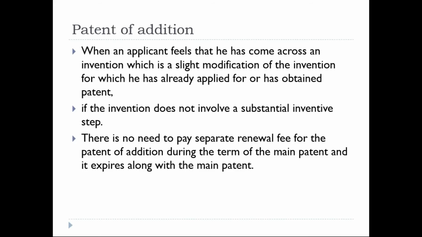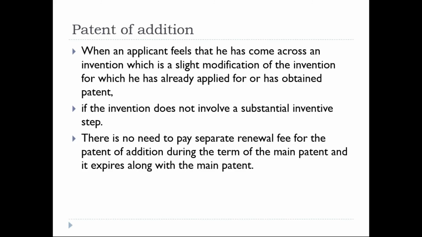So this we need to understand: if only one additional feature is going to be part of the invention, it is suggested to have this patent of addition, else you can go for the new application itself. And one more important thing is, there is no need to pay a separate renewal for this patent of addition during the term of the main patent, right?